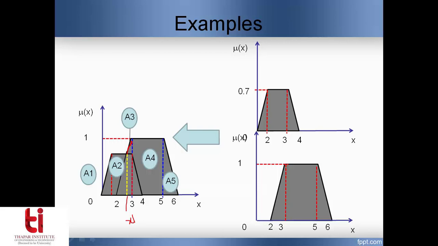Then we have a regular rectangular structure between the values 3 and 5. Between x1 and 3 I have this trapezoid, between 3 and 5 I have this rectangle, which is identified by the area A4, and between 5 and 6 I have a triangular structure, which is identified by the area A5. Now let's try to find out how we use that.